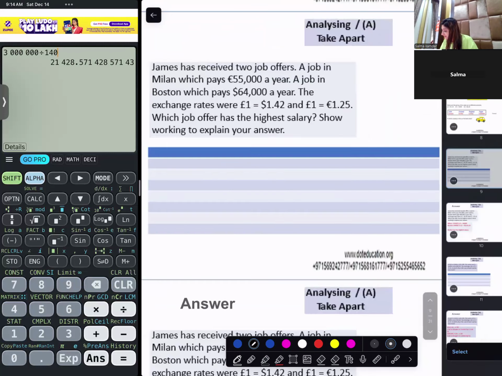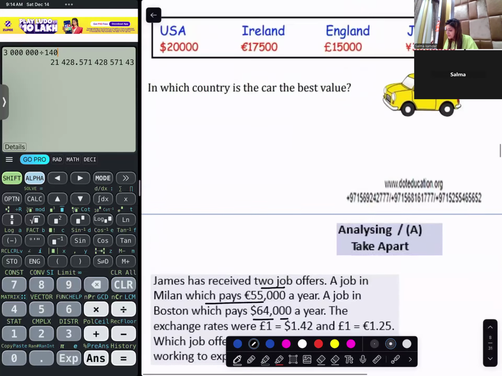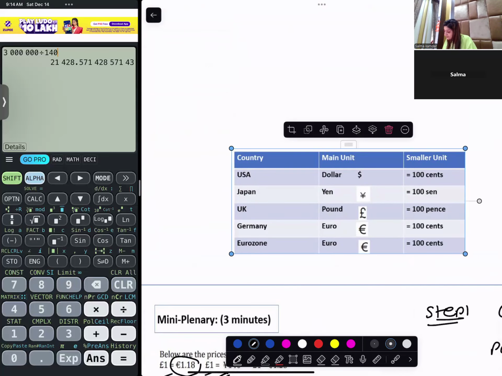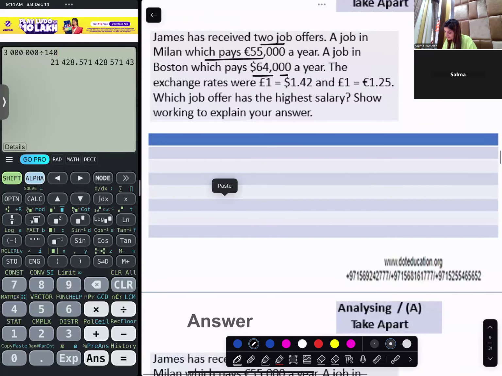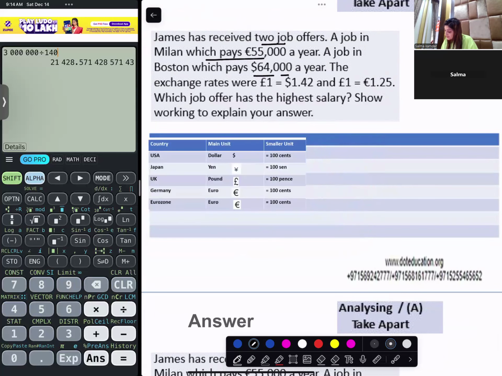Okay, let's do it. James has received two job offers. A job in Milan which pays him 55,000 euros, and a job in Boston that pays him $64,000.